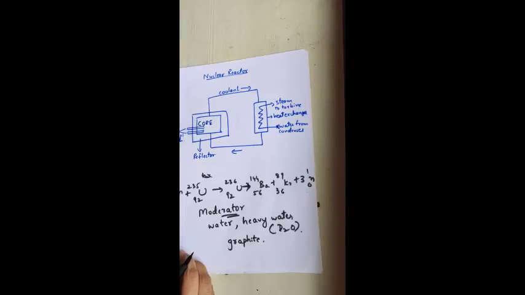Why are control rods used? Control rods are used in order to slow down the reaction rate. When the reaction continues, suppose the rate of the reaction is very high, then using control rods the reaction rate is controlled. Next, the core also contains the fuel elements, the parent nucleus, which are to undergo fission.